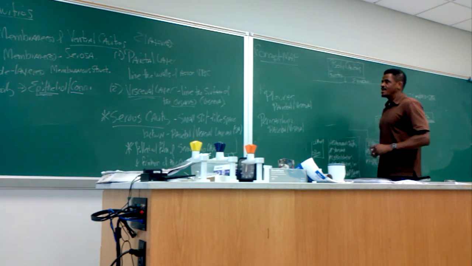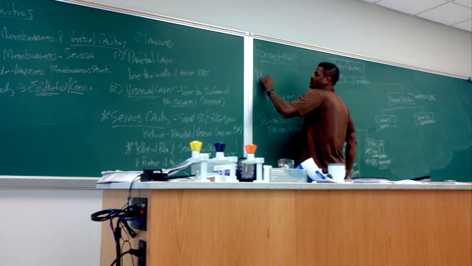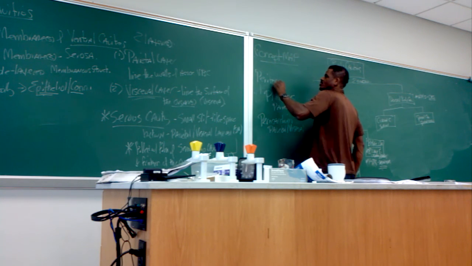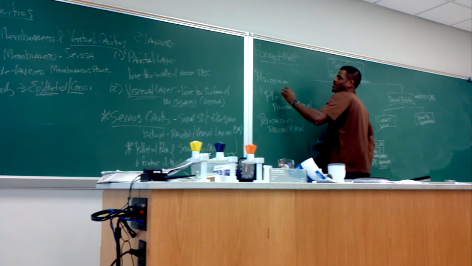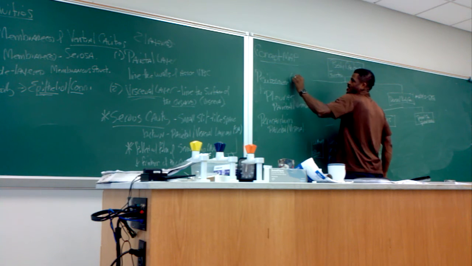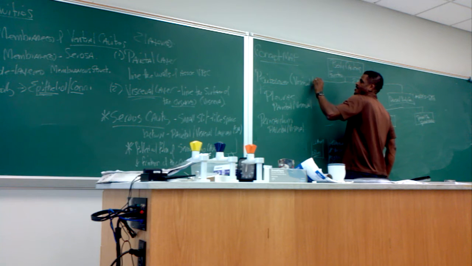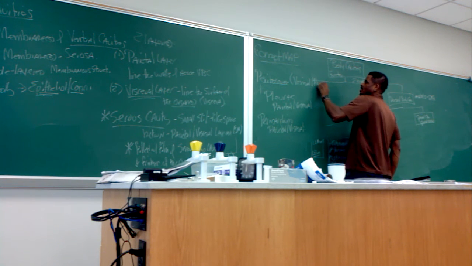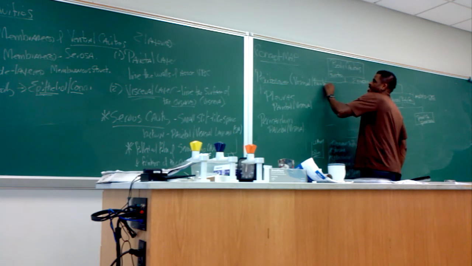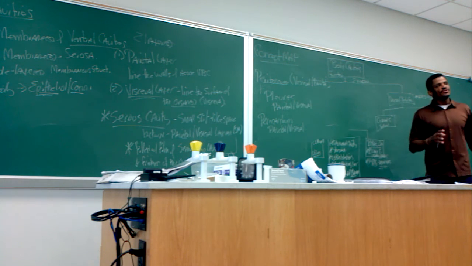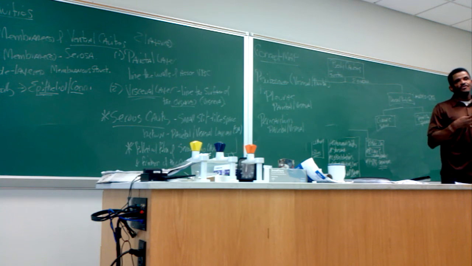Then we have the peritoneum. The peritoneum, we have both the visceral and the parietal. And this will be the serous membrane associated with the abdominal pelvic cavity. Are we okay with that?